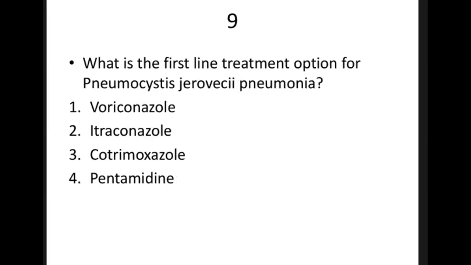Okay. What is the first line treatment option for Pneumocystis jirovecii pneumonia? Voriconazole, itraconazole, cotrimoxazole, pentamidine.